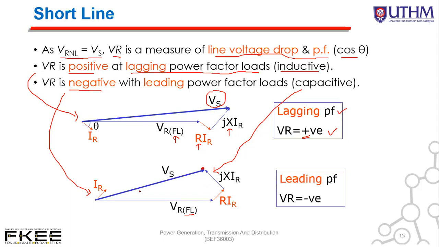If the line current goes to this condition with angle theta, we get a leading power factor, where the current leads the voltage. Under this condition, because Vs or VR at no load is less than VR at full load, Vs minus VR at full load gives a negative voltage regulation.